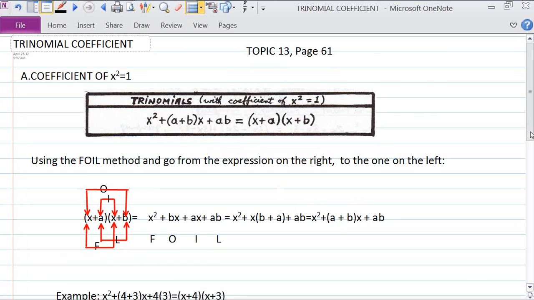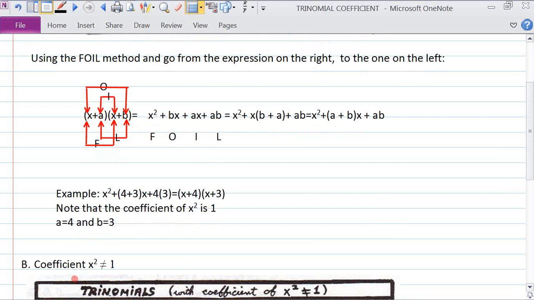So this is a trinomial, and we can look at this example here. X squared plus 4 plus 3x plus 4 times 3, and we can say that the a is the 4 and the b is the 3.